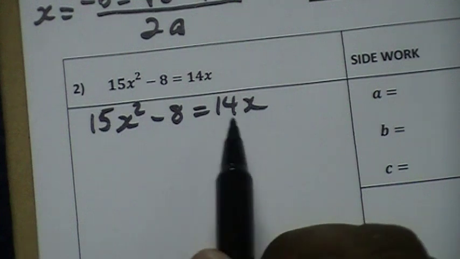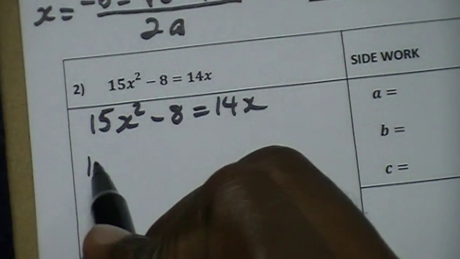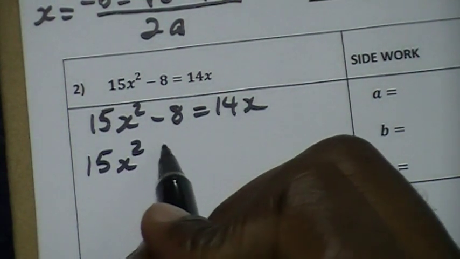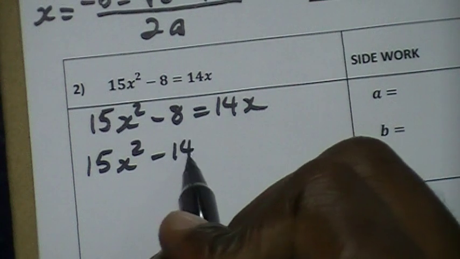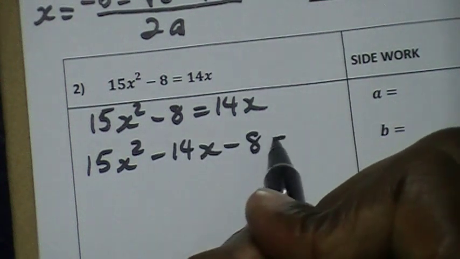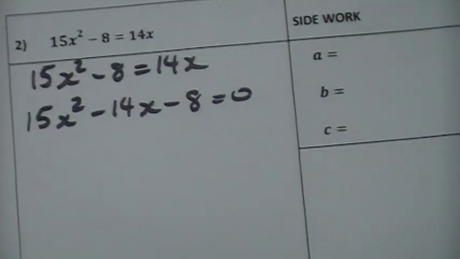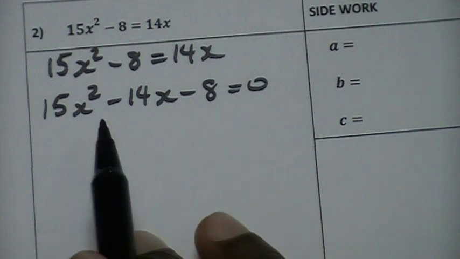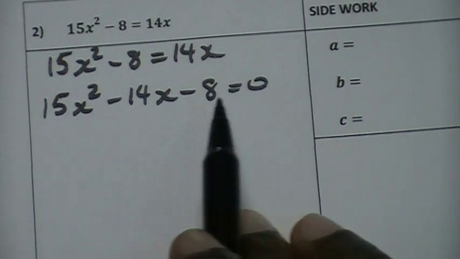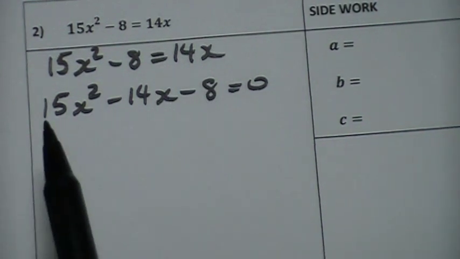The next step is to make this 0 by subtracting from both sides. This example was done using factorization, so you can check out that video. The first step, mind you, is to ensure it's in standard form.